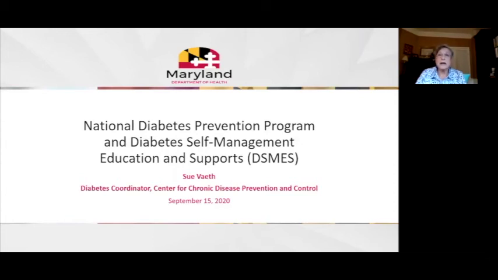That criteria has really changed over time. It used to be a certain level of A1C. Now, weight is one of the other components that is looked at. And she may be able to give additional information in the Q&A.